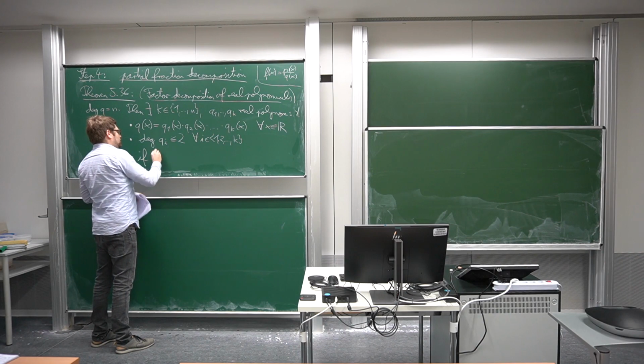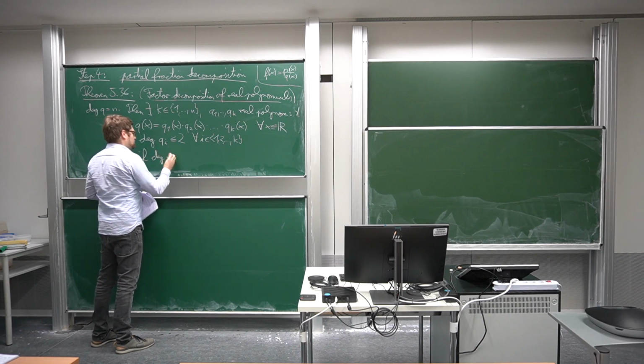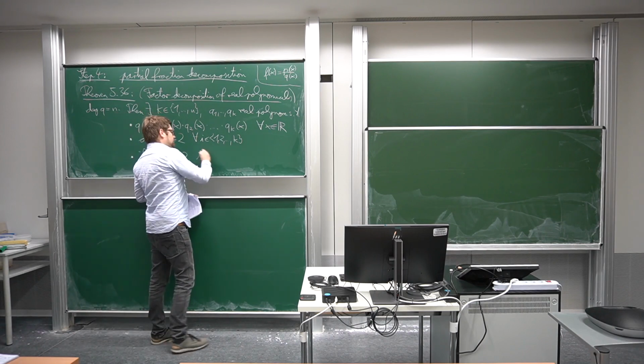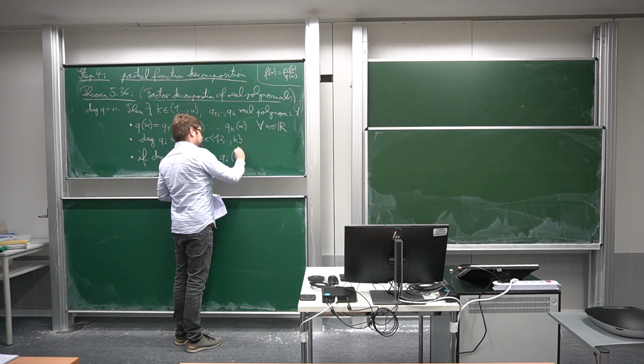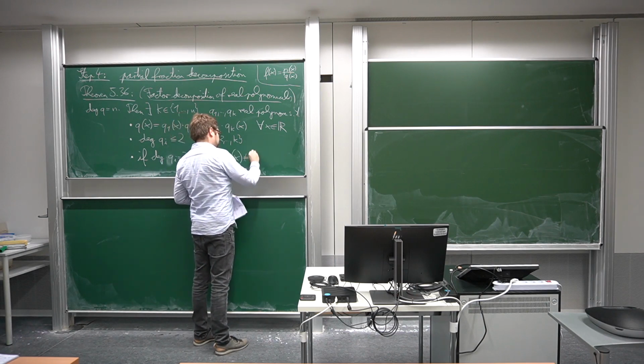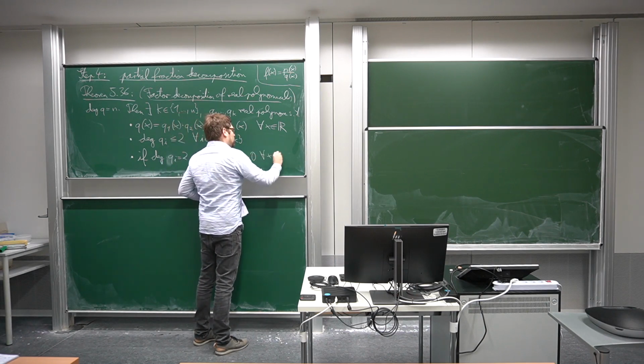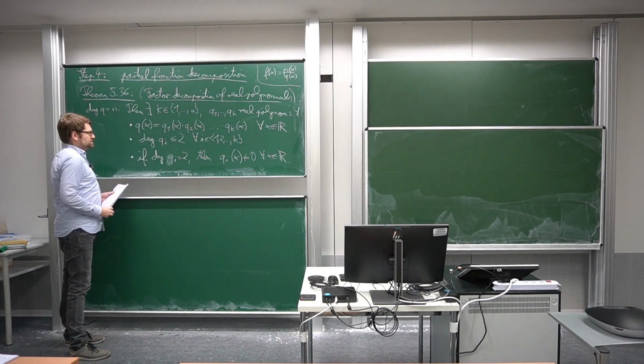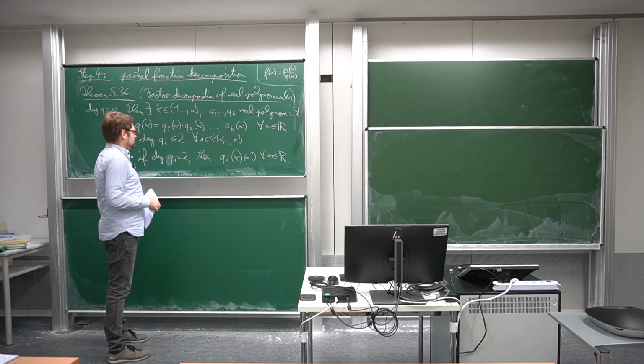If one of the qi has degree 2, so it is quadratic, then it follows that qi is non-zero for all x in R. So we can always find such polynomials and have these interesting results.